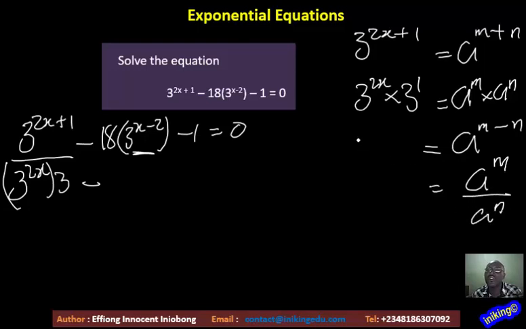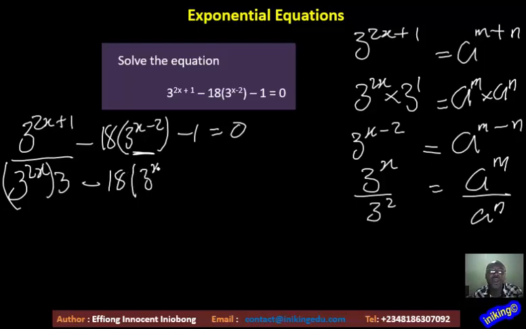Yes, which means my 3 raised to the power x minus 2 must have been obtained from 3 raised to the power x all divided by 3 raised to the power 2. So I replace this here. This is minus 18. I now write this as 3 raised to the power x divided by 3 raised to the power 2, minus 1 equal to 0.